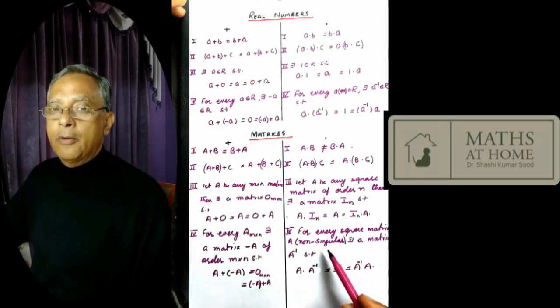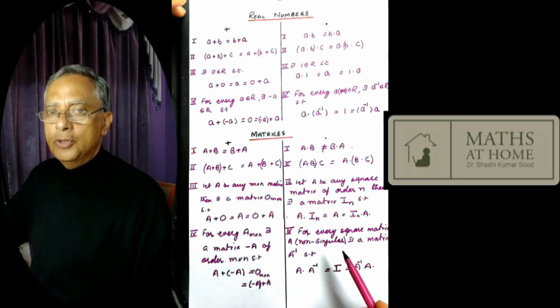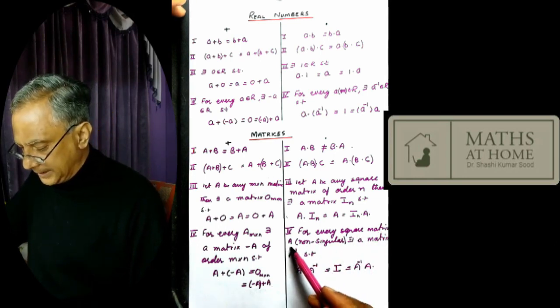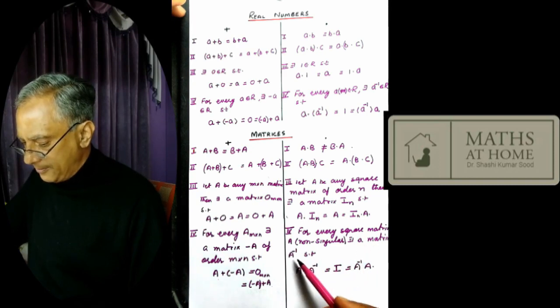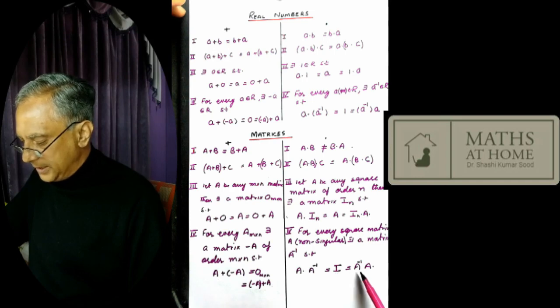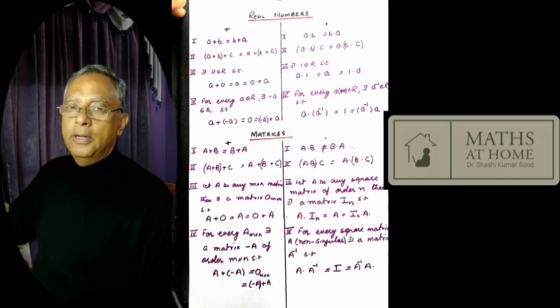Non-singular means determinant of A is not equal to 0. So for every non-singular square matrix A, there exists a matrix A inverse such that A into A inverse is equal to I is equal to A inverse into A.